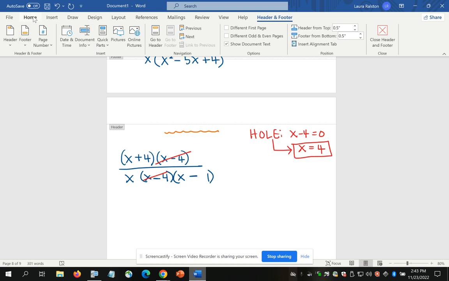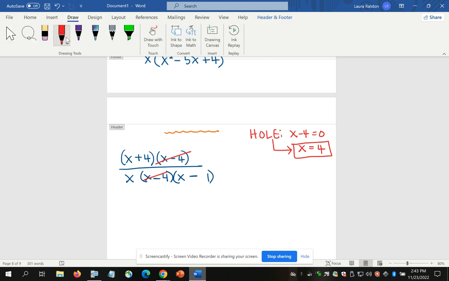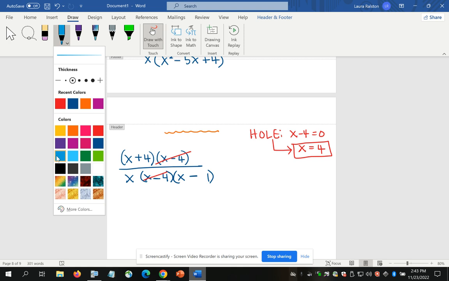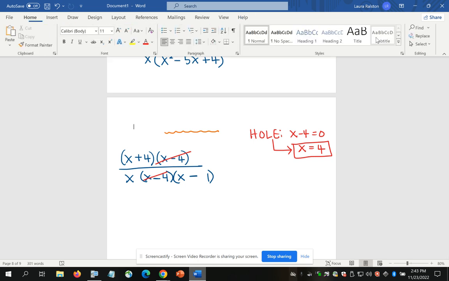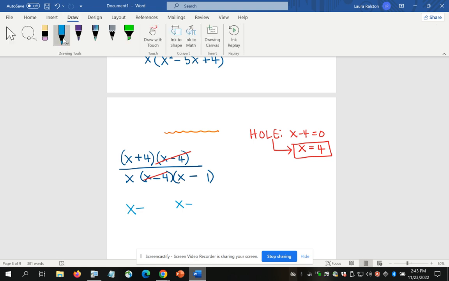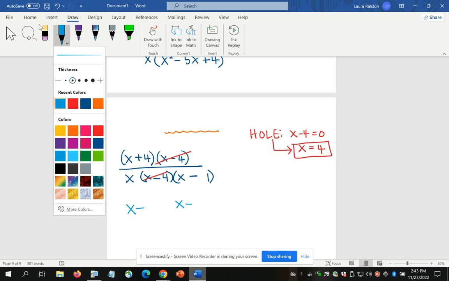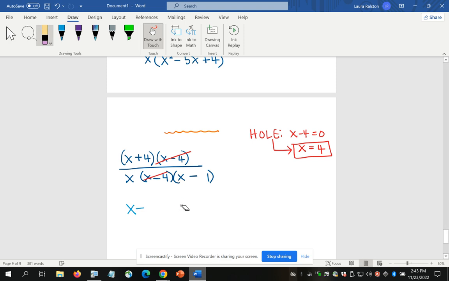What's left after we simplify is x plus 4 in the numerator over x times x minus 1 in the denominator.